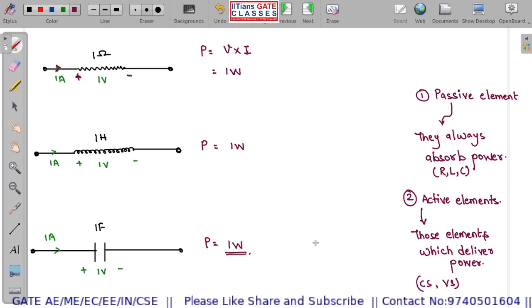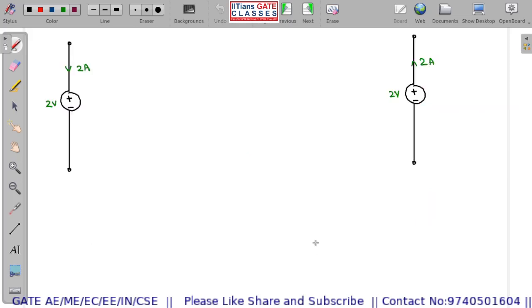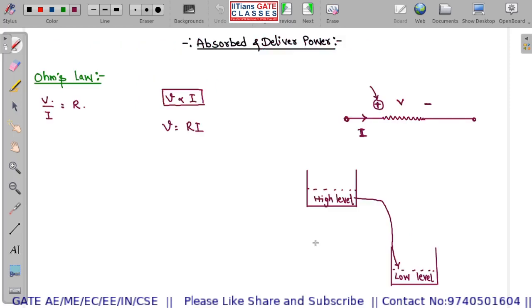Now let us see the concept of absorbed power and delivered power. For this concept, let us go back to the tank example. This is the high level, this is the low level. Suppose I have a reservoir over here.